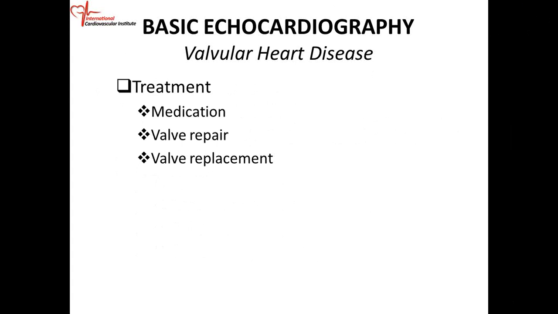And when you replace the valve, you can use what we call a bioprosthesis, which uses tissue, whether from humans or from an animal source. Or you can use a mechanical prosthesis, a metallic valve. So those are the approaches.